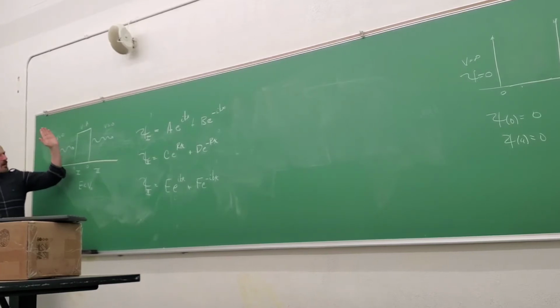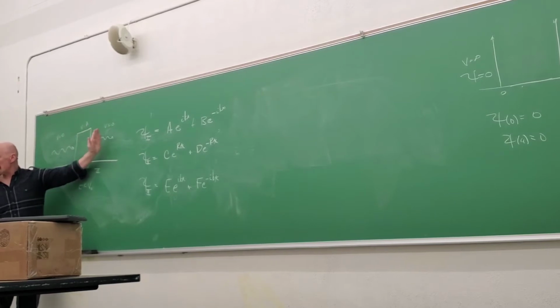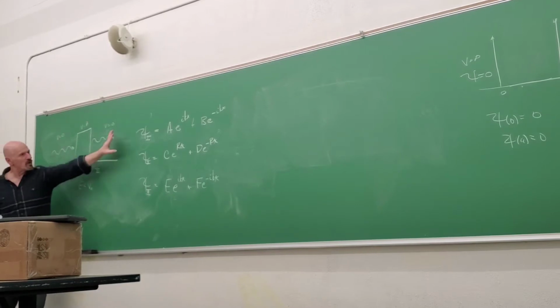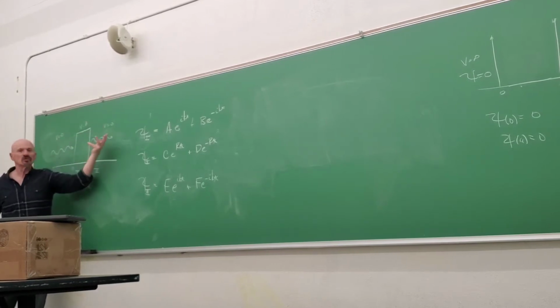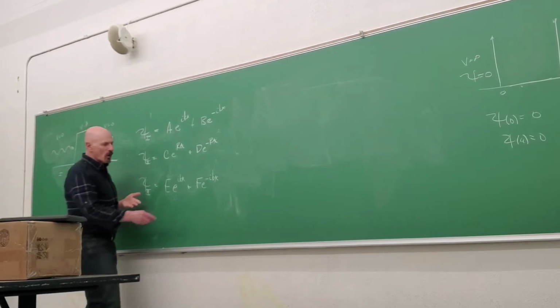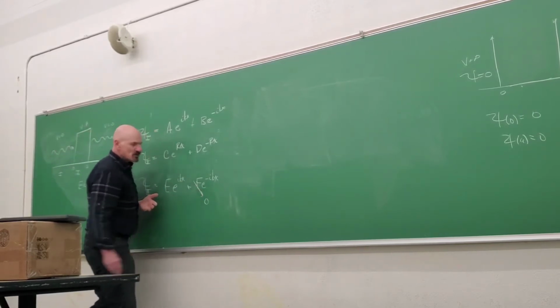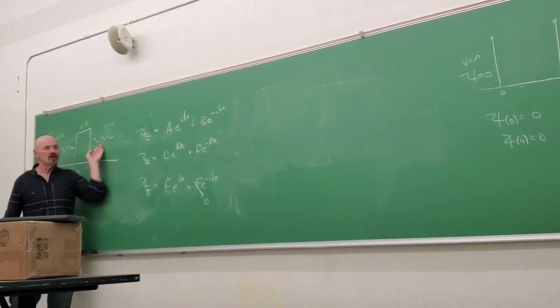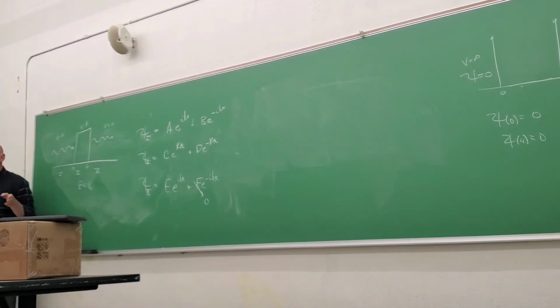Once the particle has appeared on the other side of that barrier, it will move forward. There is nothing over here to cause the particle to move in reverse. All right? So from the design of the problem, I will artificially set F equals 0, because the particle will not move in a reverse direction in region 3. That's simply an argument on my part.